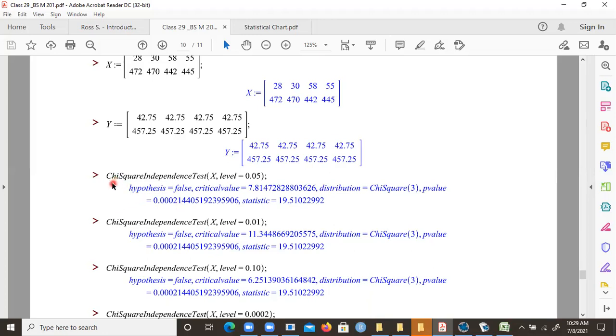But suppose you are actually developing software for chi square independent. I have asked you to develop a chi square independent test. It may be a kind of project for you, to see whether you can develop a program for a statistical testing process.